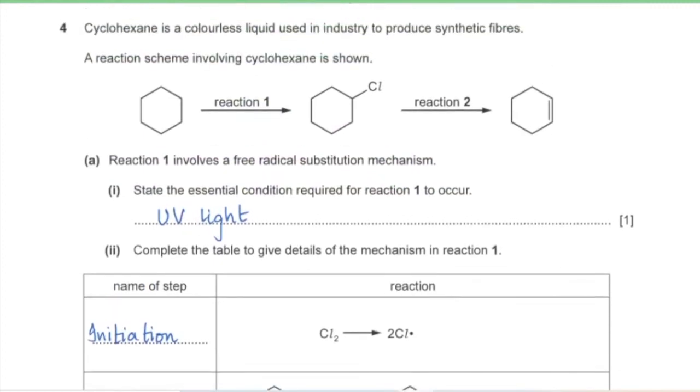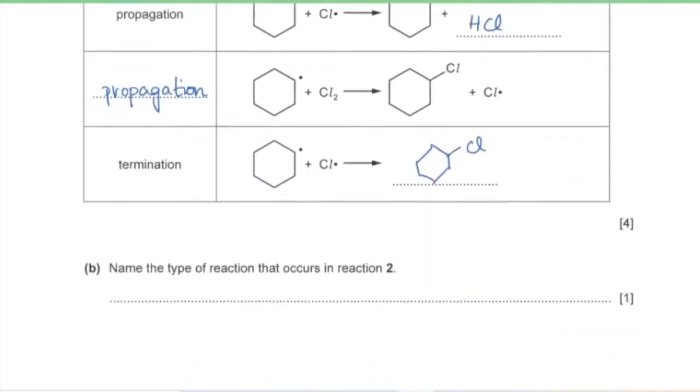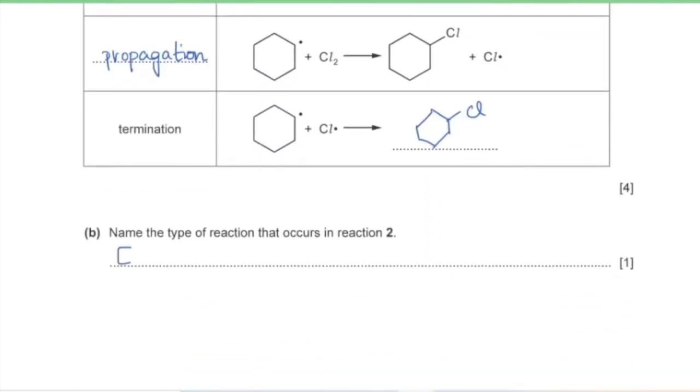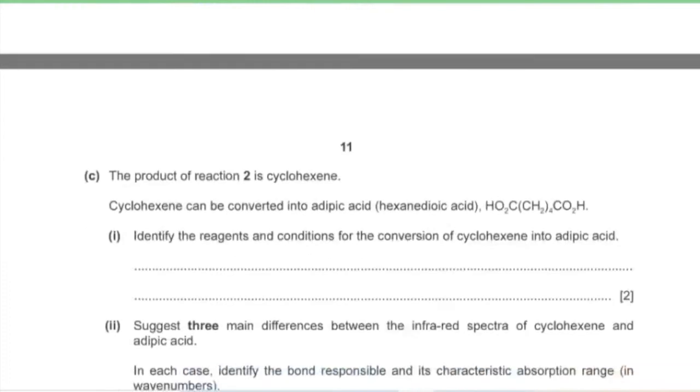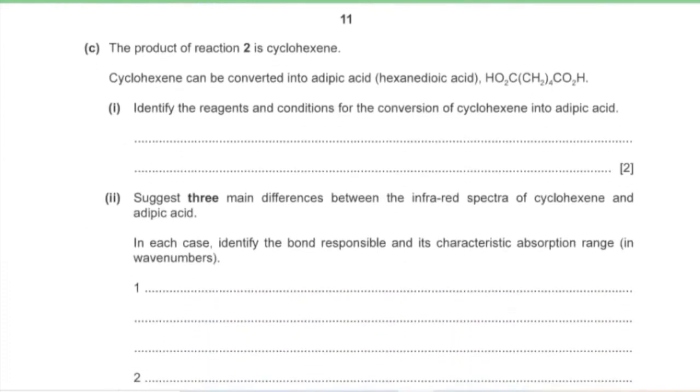Part B, name the type of reaction that occurs in reaction 2. So reaction 2 is removing Cl and removing one hydrogen atom, and then we will have an unsaturated compound. So this is elimination. Part C, the product of reaction 2, cyclohexene, can be converted into adipic acid.